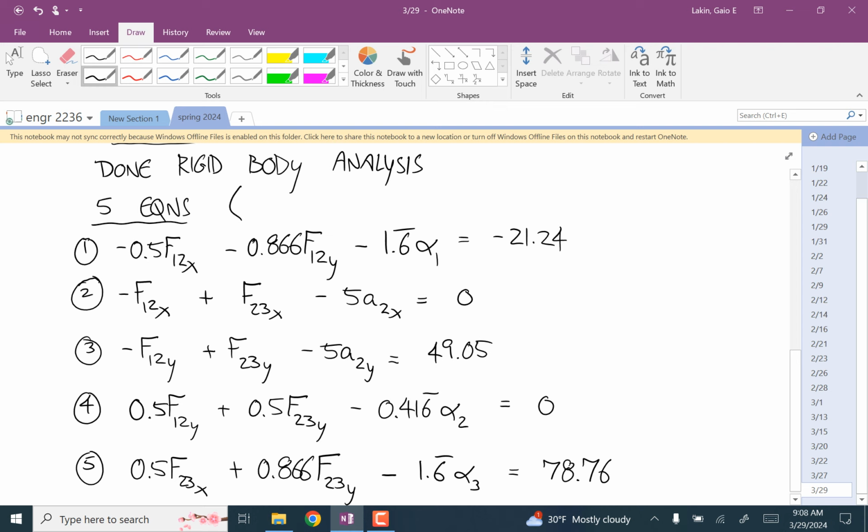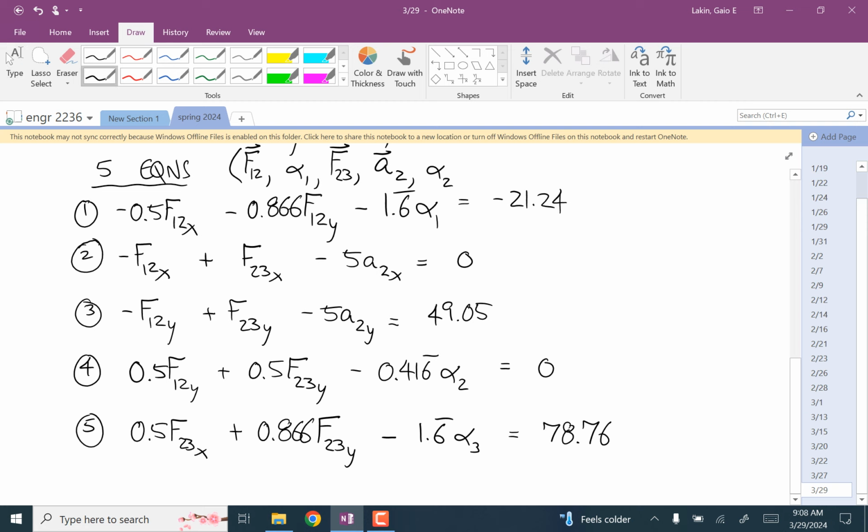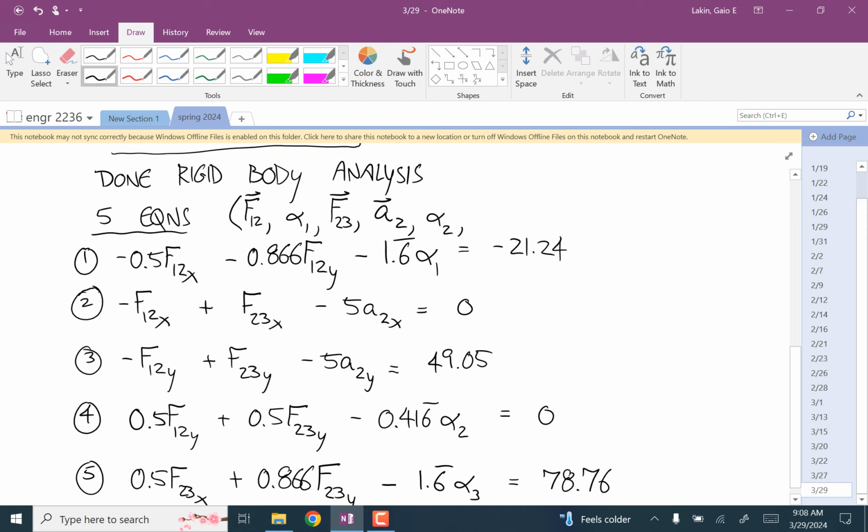The variables are F12, X and Y components, alpha 1, F23, X and Y components, A2, X and Y components, alpha 2, and the only one left is alpha 3.